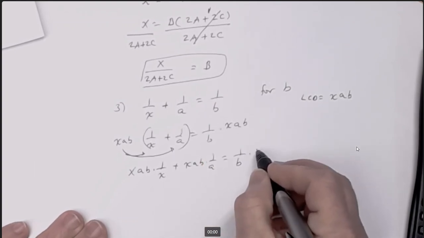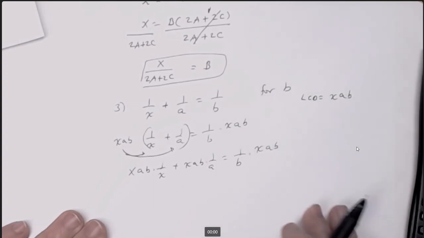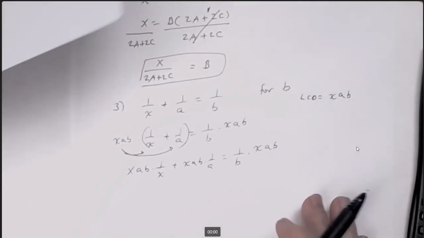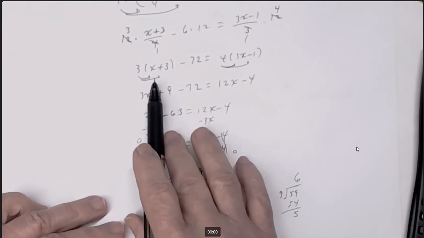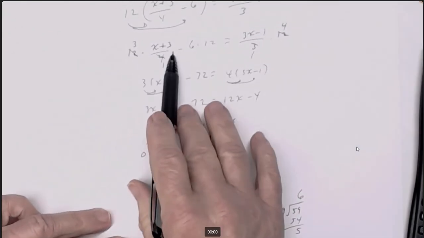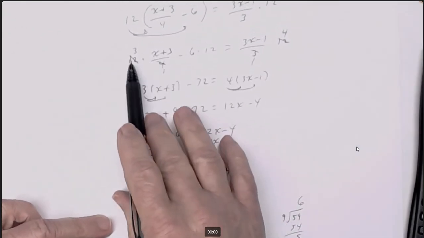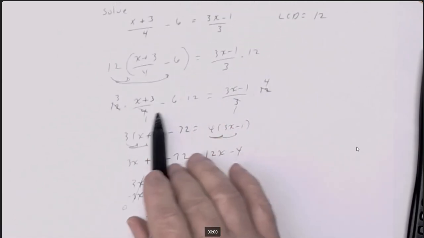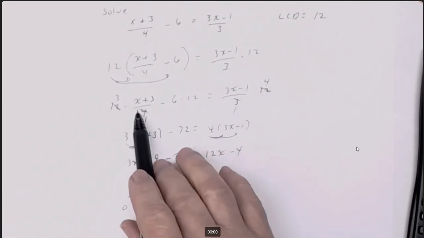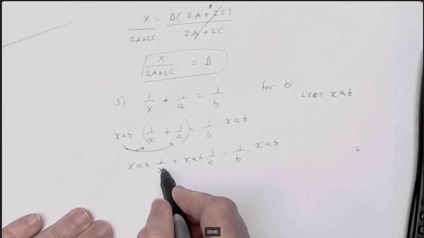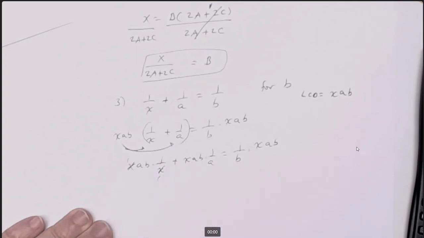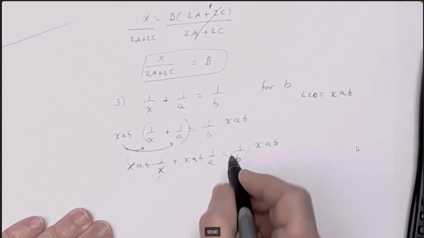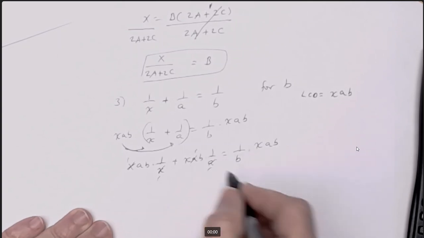Now remember, it's very similar to what we had here. So once we got to this point, remember the next step was to reduce. The whole point of multiplying by the least common denominator is to clear the fractions. So at this point, you're going to reduce. So watch what happens. The x's divide out. See that? Here, the a's divide out. Here, the b's divide out.